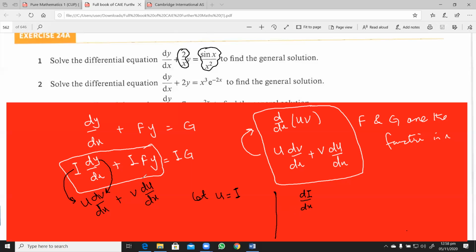So this means we can say that this di by dx is going to be equal to f.